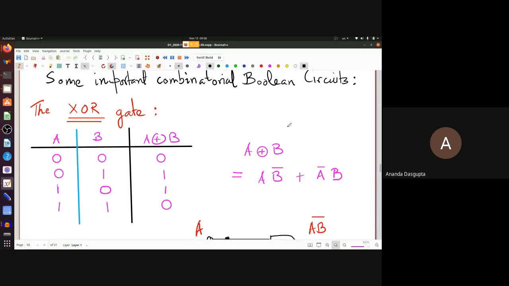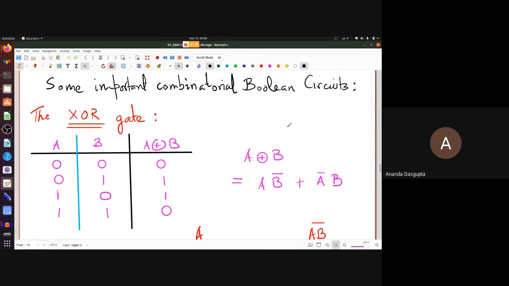The simplest ones are of course AND, OR, and NOT, but this one is pretty important in itself. It's called the XOR gate. The name actually stands for exclusive OR.